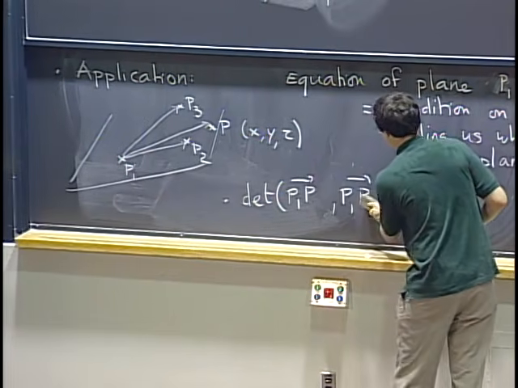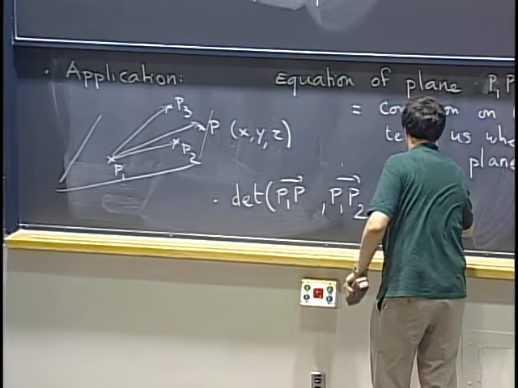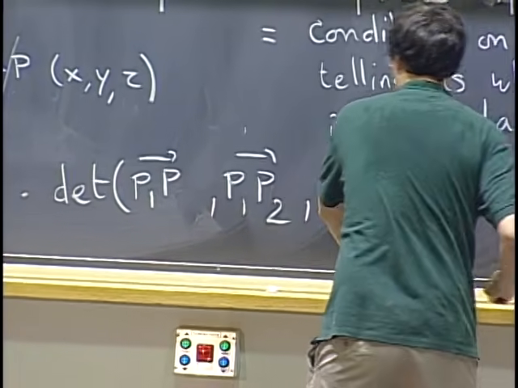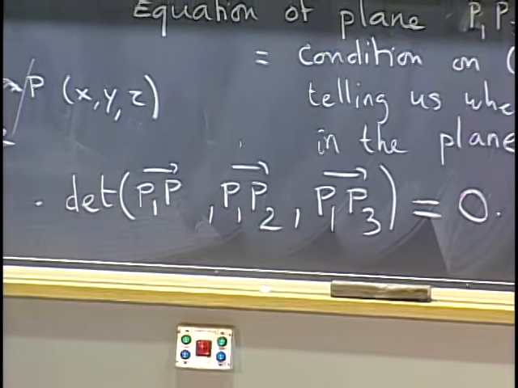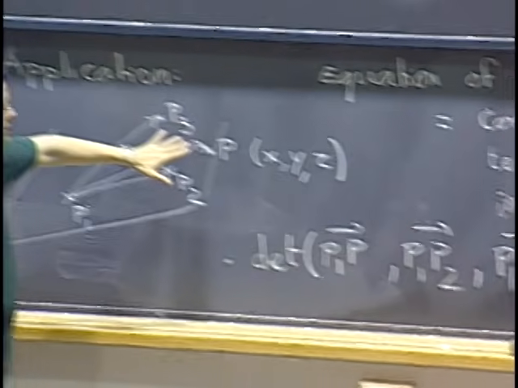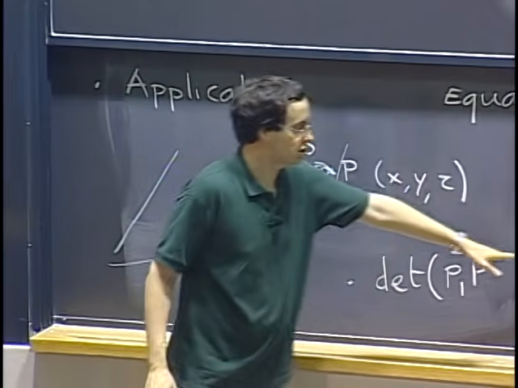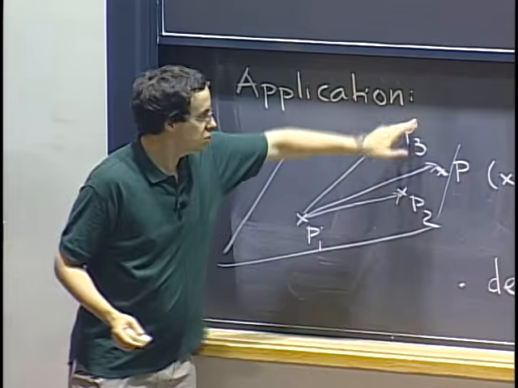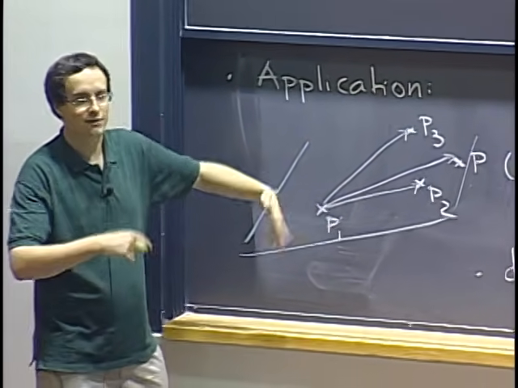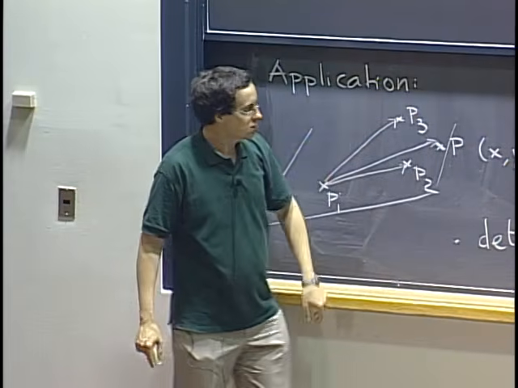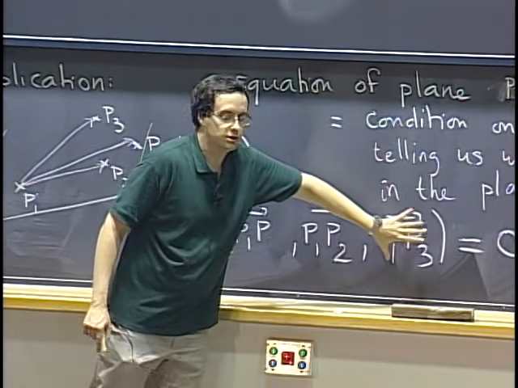It doesn't really matter, but one possible way to express the condition that P is in the plane is to say that the determinant of these 3 vectors has to be 0. If I gave you numbers for the coordinates of these points, you would be able to plug them in, so you could compute these 2 vectors explicitly.